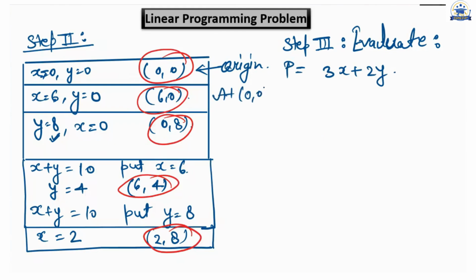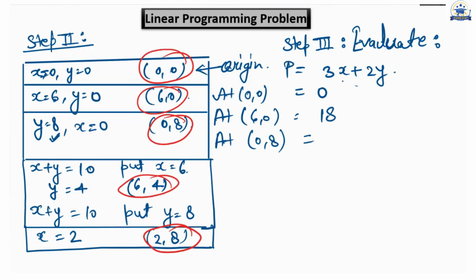At 0, 0, we are getting P equals 0, right? It is a boundary. At 6, 0, 6 3s are 18. At 0, 8, x is 0, 2 8s are 16.